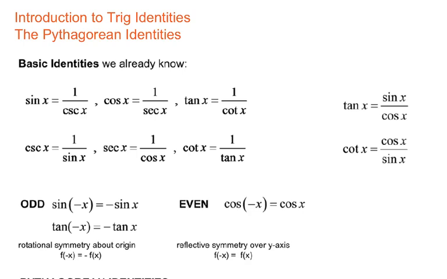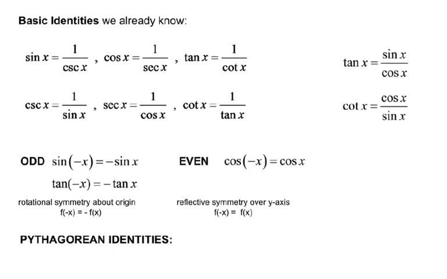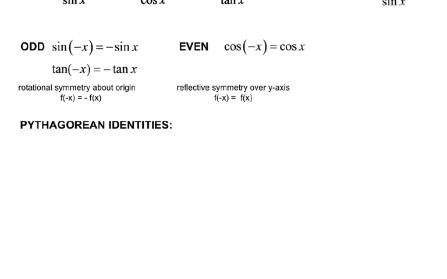Now we're going to talk about some other identities. So our Pythagorean identities. And we'll derive it, but I find it helpful to write the identities first. So we have three versions of the Pythagorean identity, and really we just know one, and then we can form all of the others.